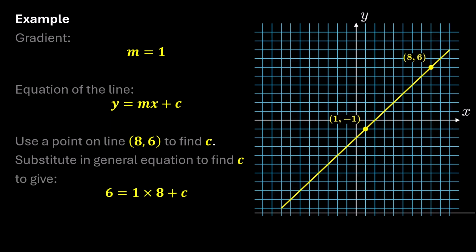So we have y equals 6, m equals 1, times x equals 8, plus c, which rearranged gives us 6 equals 8 plus c. And tidying up gives us c equals minus 2.